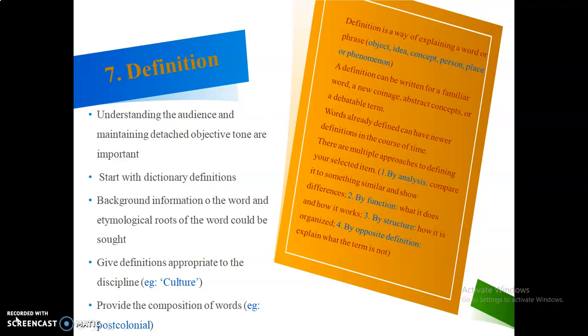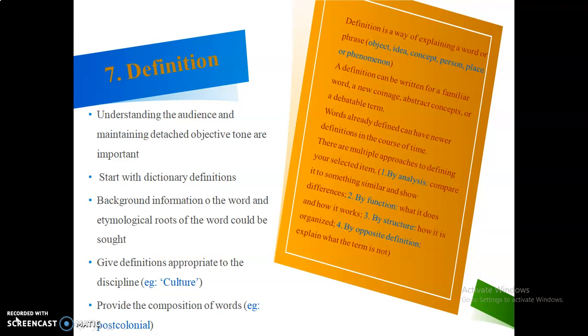For example, we have to start like this: the Oxford Advanced Learner's Dictionary defines this particular term like this, and you have to give the definition given in the dictionary. After that, you have to come up with your own definition. Background information to the word and etymological roots of the word could be sought.